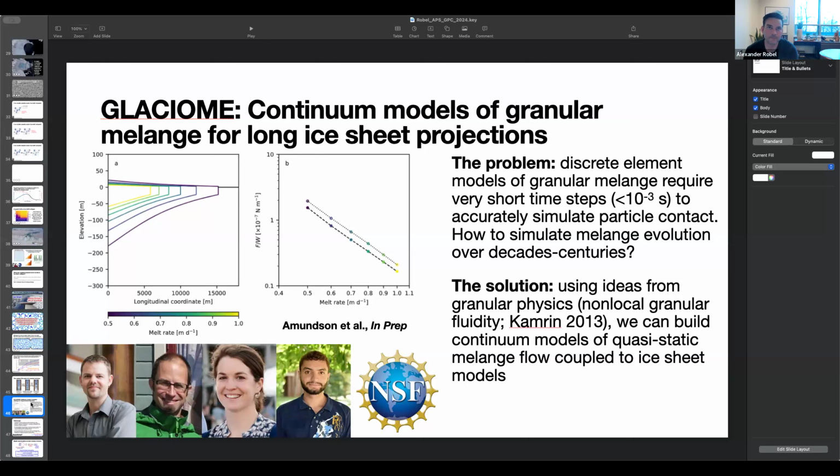Yes, it's definitely true that the buttressing force goes like the thickness of the melange at the terminus. That is something that is consistently true. And in terms of the rheology, we definitely find that it matters, largely because the parameters that go into the granular fluidity rheology determine the shape of the melange.